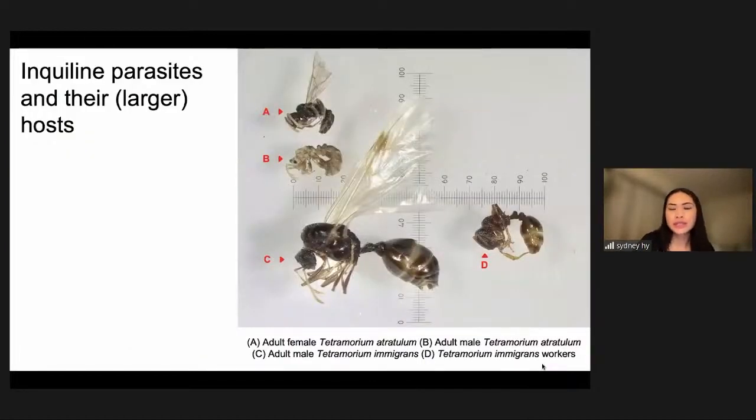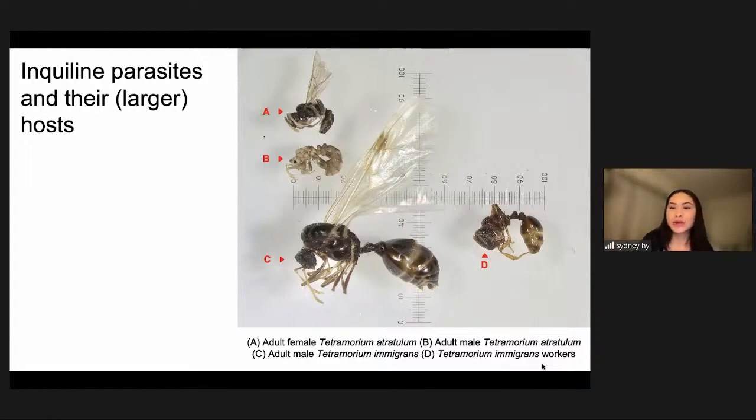The image shown here shows the relative sizes of the parasite and their host, Tetramorium immigrans. You can see on the top left just how much smaller the parasite is compared to the host. Right below, labeled C, is the male host species of Tetramorium immigrans, and right next to it on the right is a host worker. The parasites are no bigger than the worker and no bigger than even the gaster of the male.